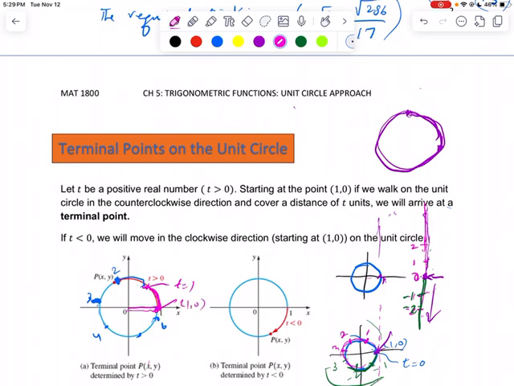This is our starting point always. And if we go in the counterclockwise direction, we are traveling in the positive direction, so the value for t will be positive. And if we go in the clockwise direction, like it's shown in this second circle, then we have a negative direction.